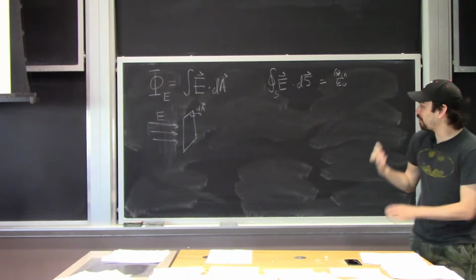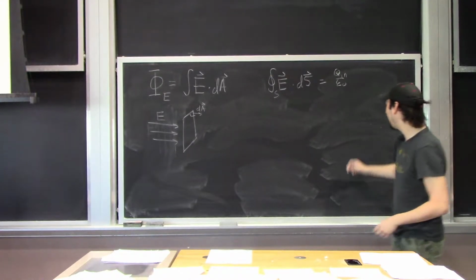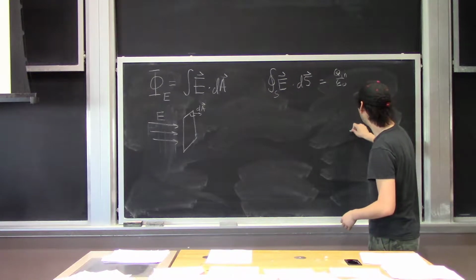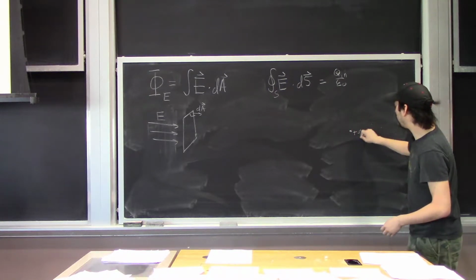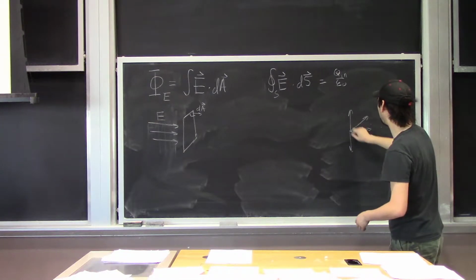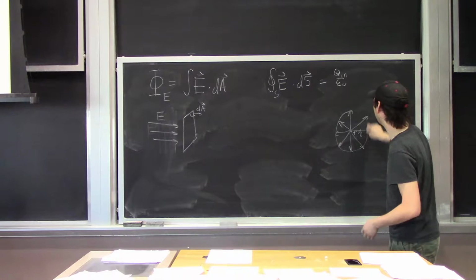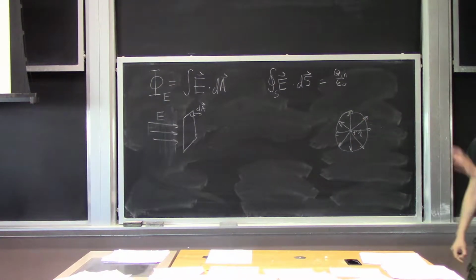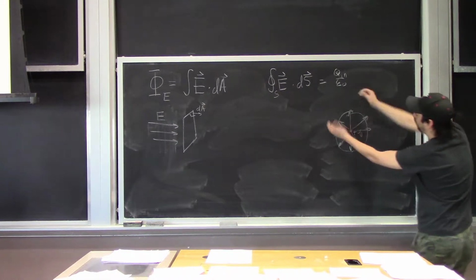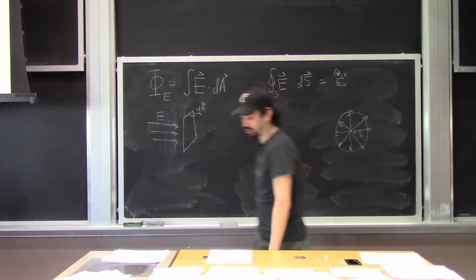You can think about this, and it makes sense on an intuitive level, that if I have some charge of plus Q here, this is going to radiate outwards like this. If I enclose this with some surface, we'll just choose a sphere because that's actually the best way to do this one, and I add up all of the flux leaving the surface, that's going to tell me something about what the charge is inside it.